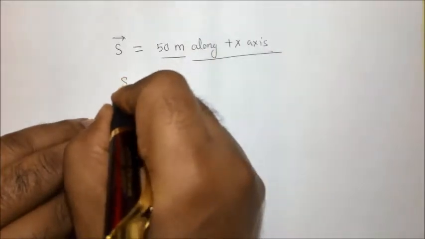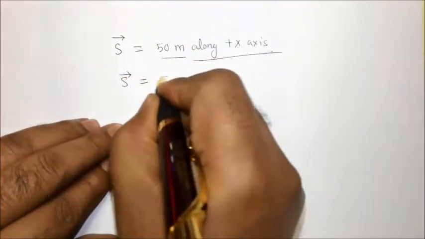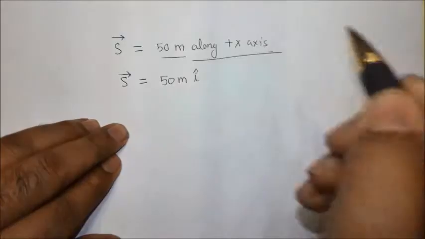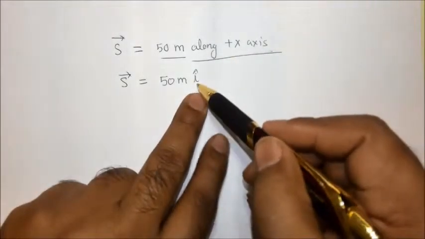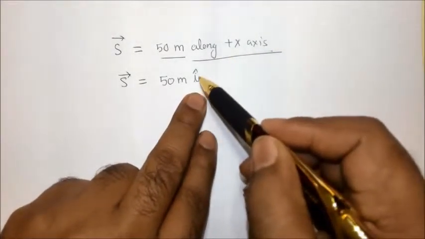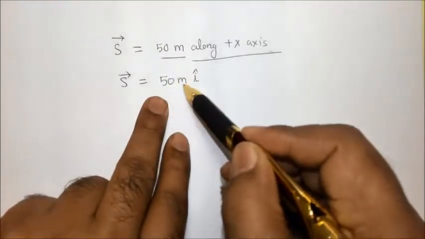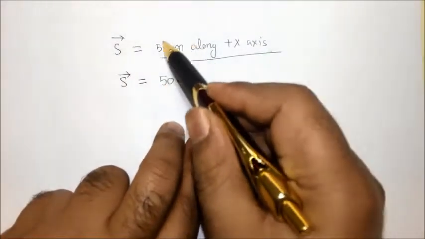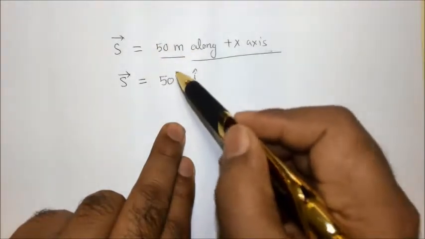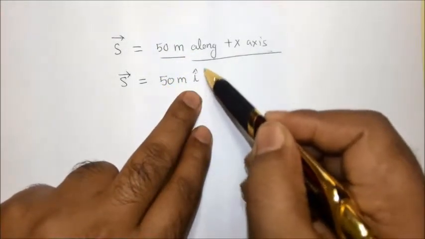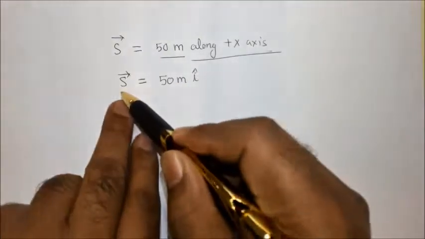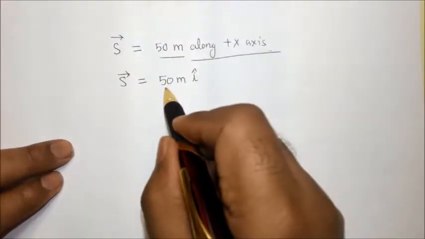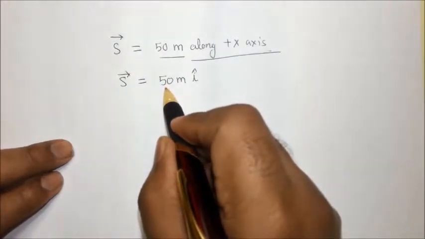One can simply write displacement S is 50 meter I cap. So this I cap means unit vector along plus x-axis. Its magnitude is 1, so it is not affecting the magnitude of your original vector. But when it multiplies with the magnitude of the original vector, it represents the direction. So I cap means this vector is working along x-axis and it has a magnitude 50 meters.